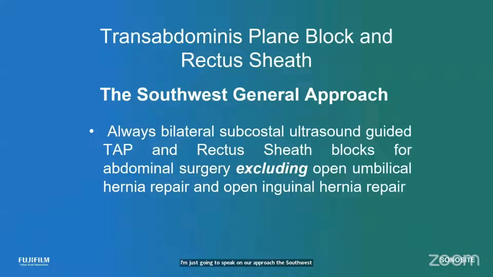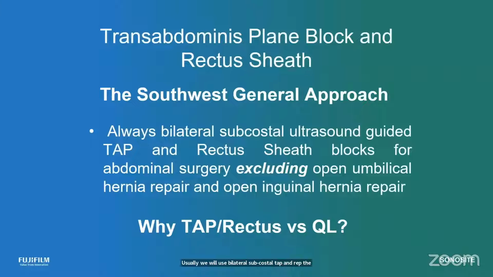We almost always, for abdominal surgery, perform bilateral, subcostal, ultrasound-guided TAP and rectus sheath blocks. That excludes open umbilical and inguinal hernia repairs because for those, we could just do rectus sheath or a one-sided TAP block. But whenever we're speaking on robotic or laparoscopic or even large extended exploratory laparotomies, usually we will use bilateral, subcostal, TAP, and rectus sheath blocks to help perioperatively with pain.